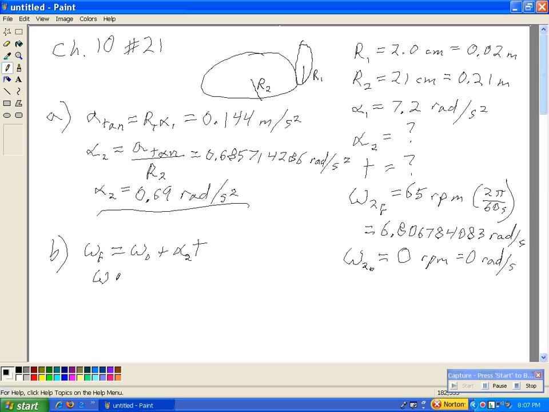Let's solve for t. If we plug in numbers, we get 9.92656011 seconds.